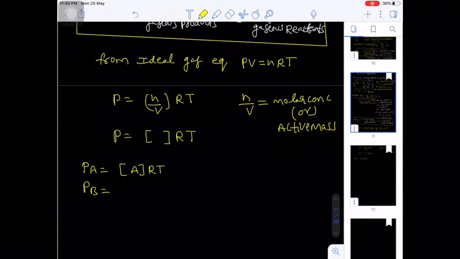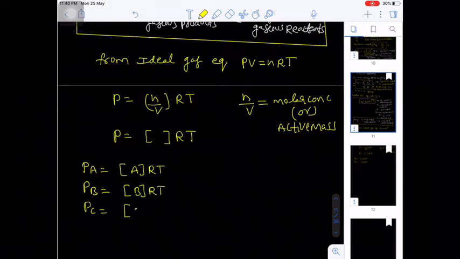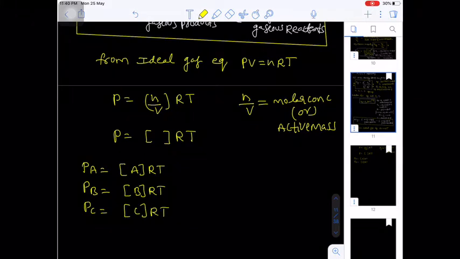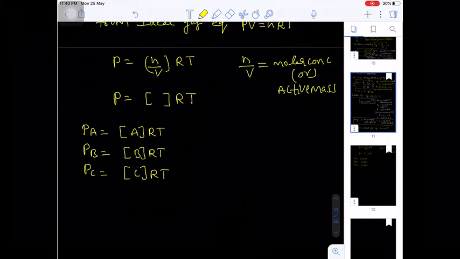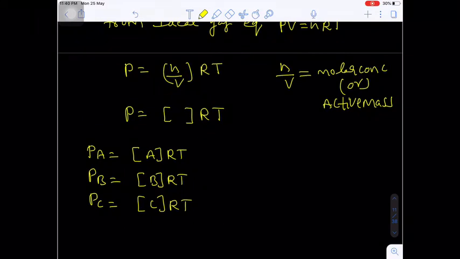Partial pressure of B, active mass of B multiplied by RT. Partial pressure of C, active mass of C multiplied by RT. And partial pressure of D is equal to active mass of D multiplied by RT.